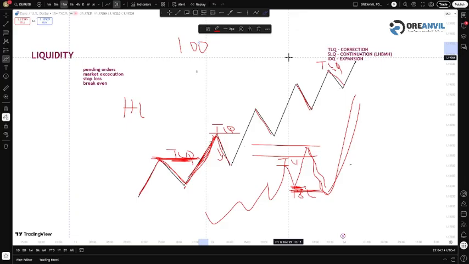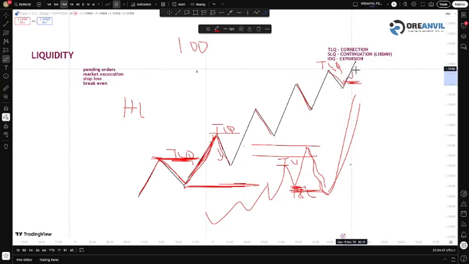You need to understand that the value of liquidity on higher time frame is higher than the value of liquidity on lower time frame. If you have a liquidity gap on this area, the kind of expansion, the liquidity you are going to have will be bigger than you having a liquidity gap on this area, on your structure.